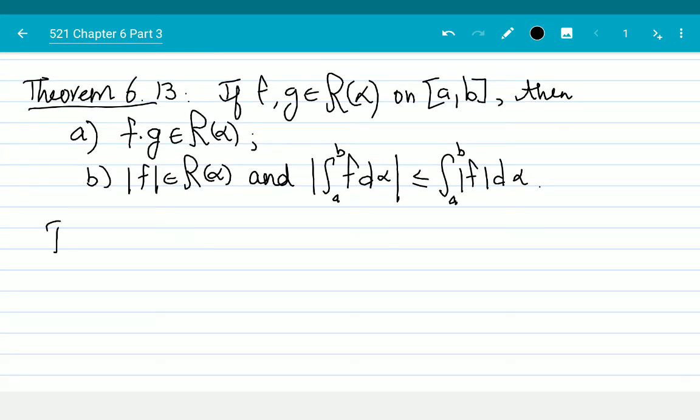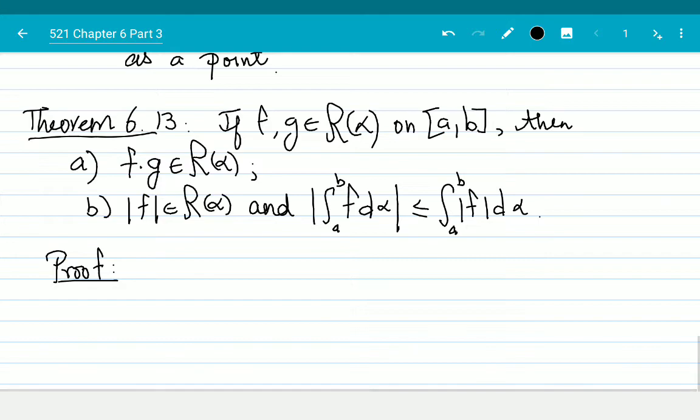Both of these are relatively easy to prove. Okay. I'm not going to give the full detailed proof. I'm not going to ask you these on the exam. These are slightly complicated, but I'm showing you the entire proof anyway.